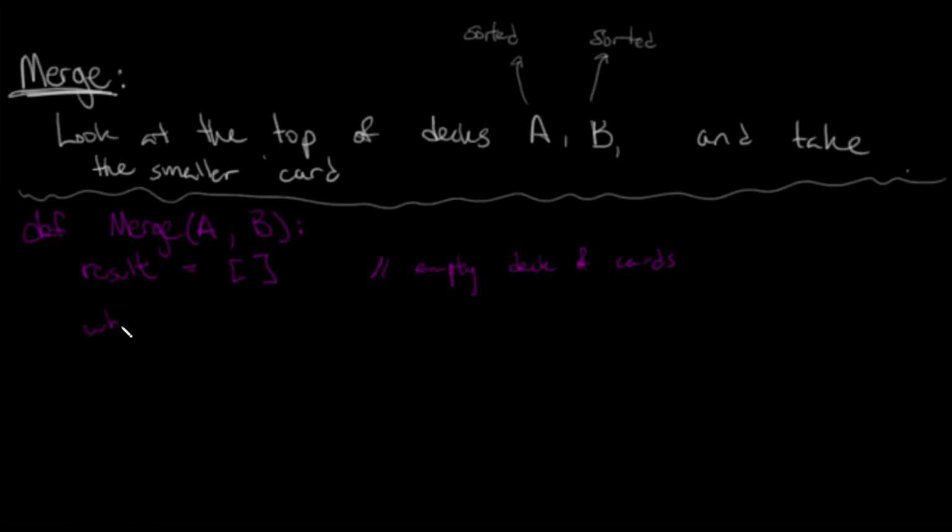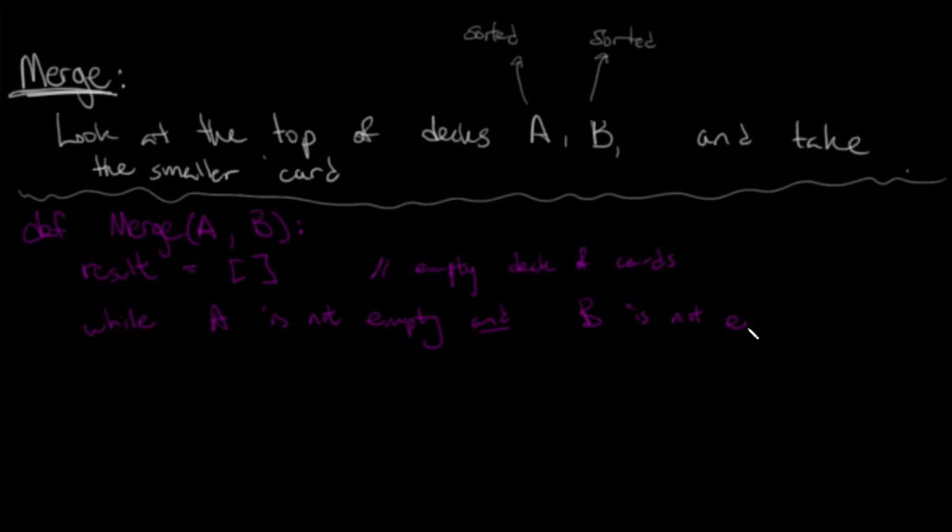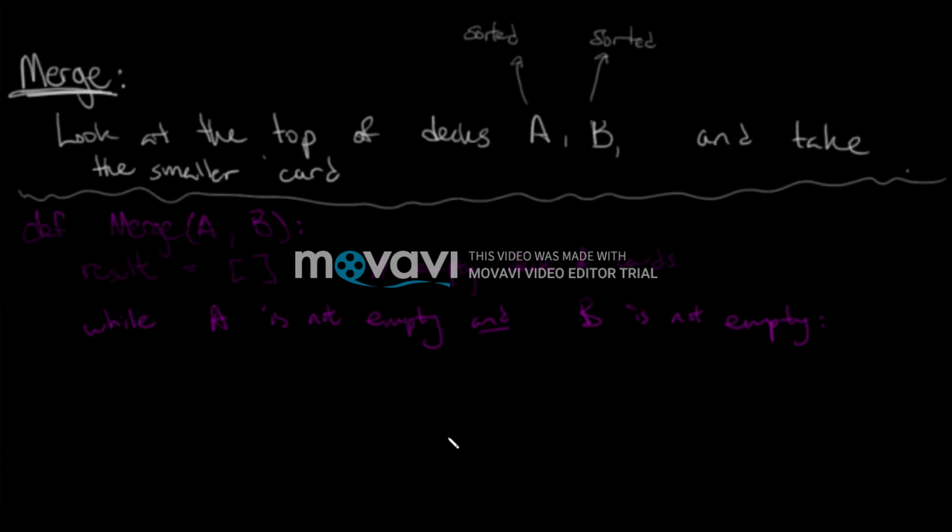And what we're going to say is that while A is not empty and B is not empty, in other words, as long as both A and B contain cards, there's cards in both decks, what are we going to do? We're going to look at the tops.